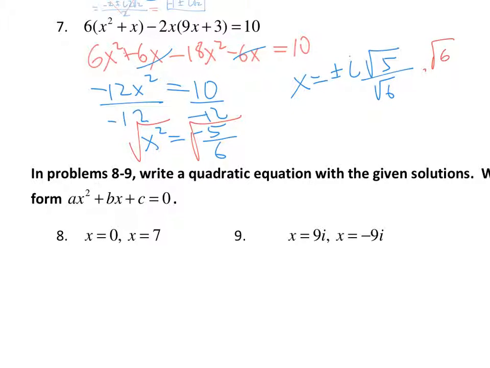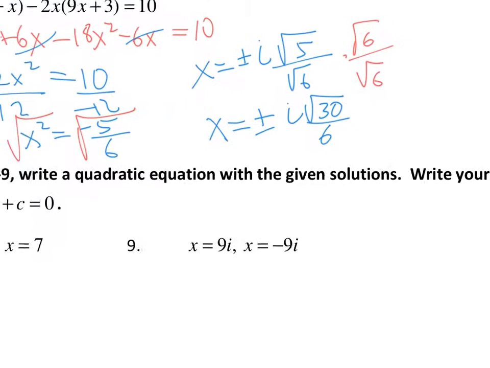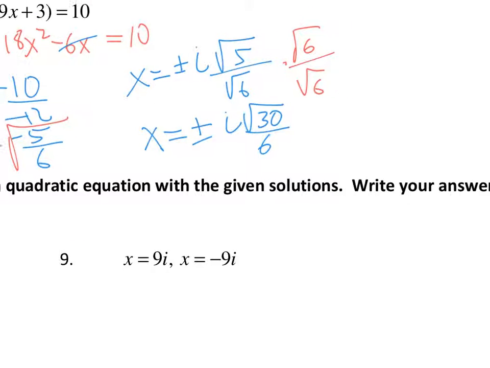So multiply by the square root of 6 over the square root of 6 to rationalize the denominator. And that's going to leave us with x equals plus or minus i times the square root of 30, because 5 times 6 is 30, all over 6. Or we might write it like this, plus or minus the square root of 30 over 6 times i.